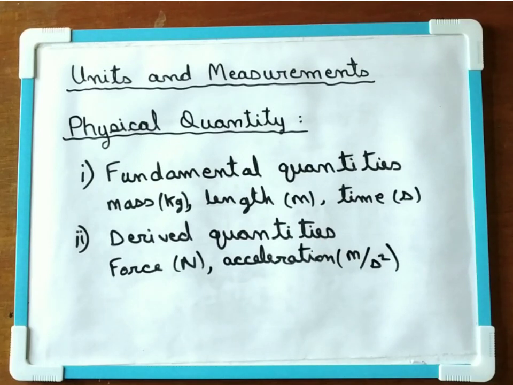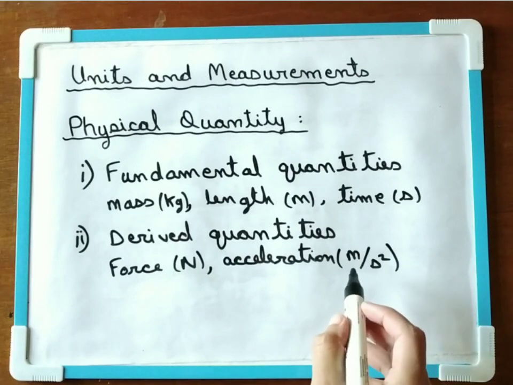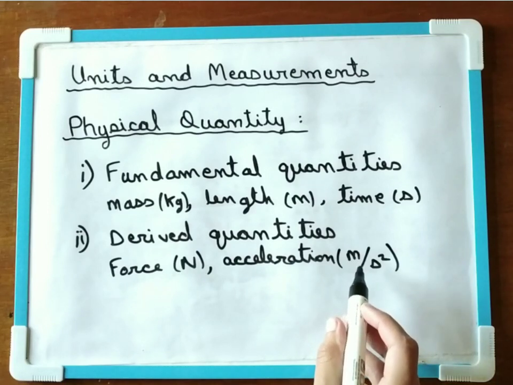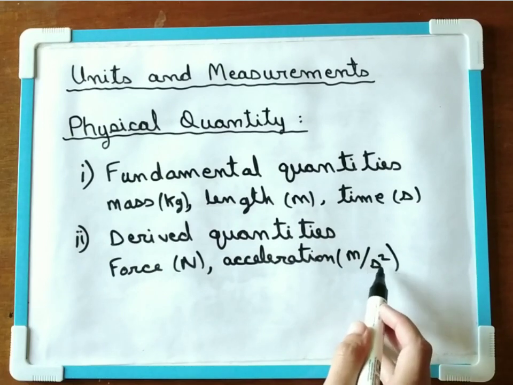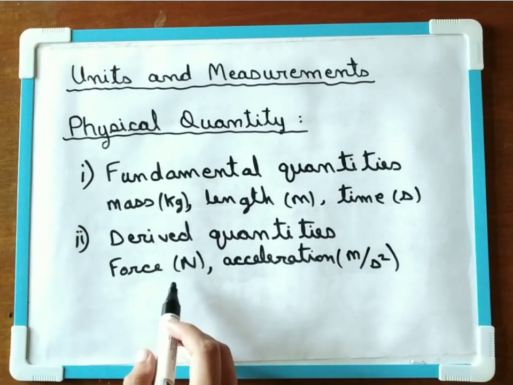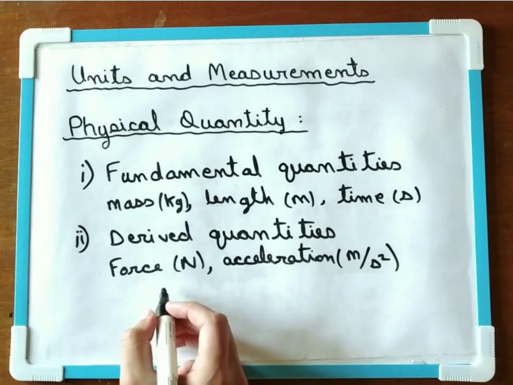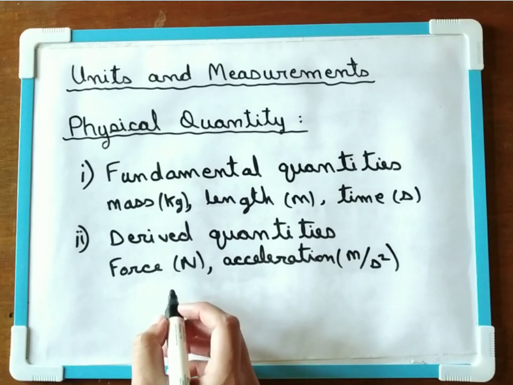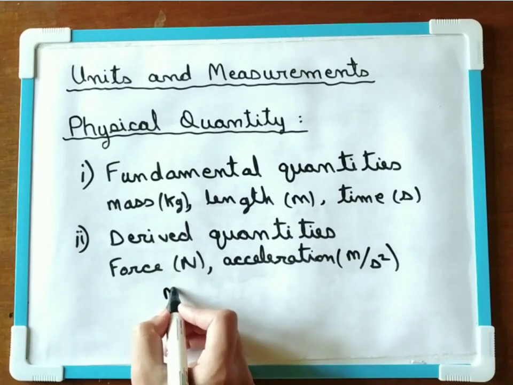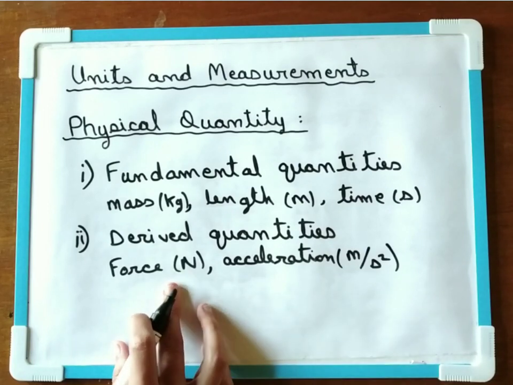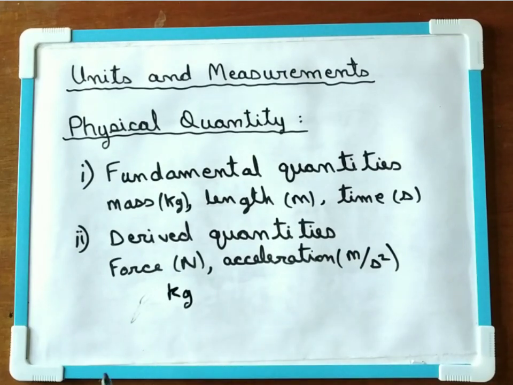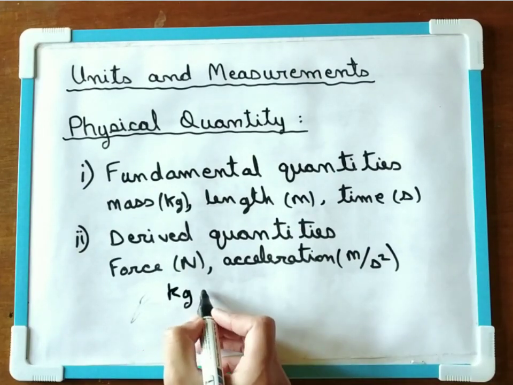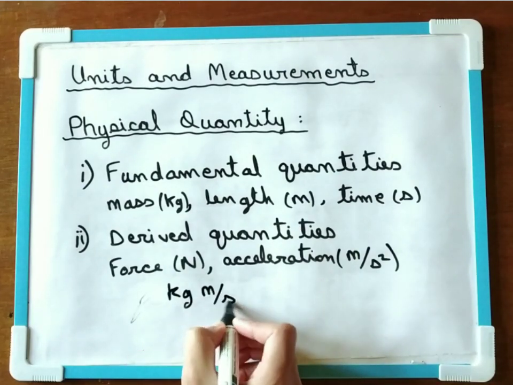Okay, so you can see here acceleration can be expressed in terms of the fundamental units, which is meter and second. Even force also can be expressed in terms of the fundamental units, mass, okay, the kg, which is the unit of mass, and meter per second square.